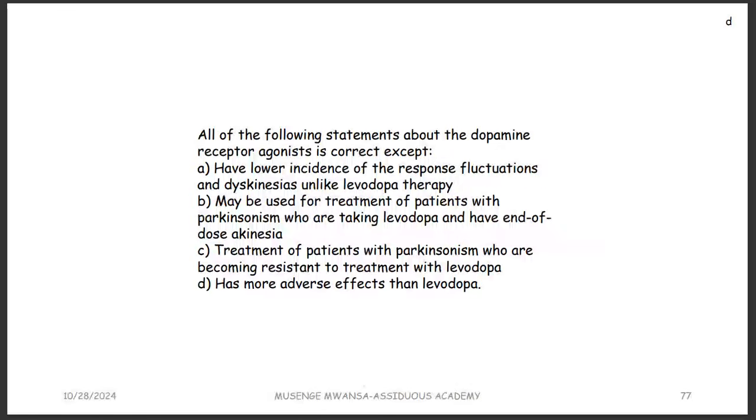So now we can answer. All of the following statements about the dopamine receptor agonists are correct except: have lower incidence of the response fluctuations and dyskinesia, unlike levodopa; may be used for treatment of patients with Parkinson's who are taking levodopa and have end of dose akinesia; treatment of patients with Parkinsonism who are becoming resistant; has more adverse effects than levodopa.